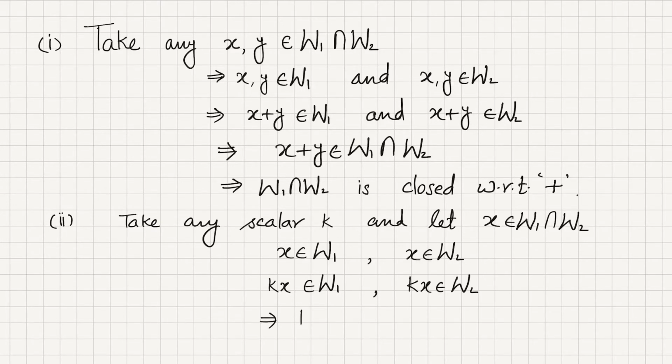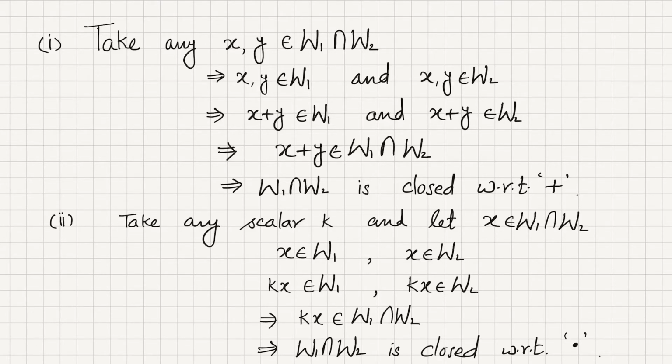So kx will be in the intersection set, so W1 intersection W2 is closed with respect to scalar multiplication. So we showed that W1 intersection W2 is non-empty and closed with respect to addition and scalar multiplication. So W1 intersection W2 is a subspace.